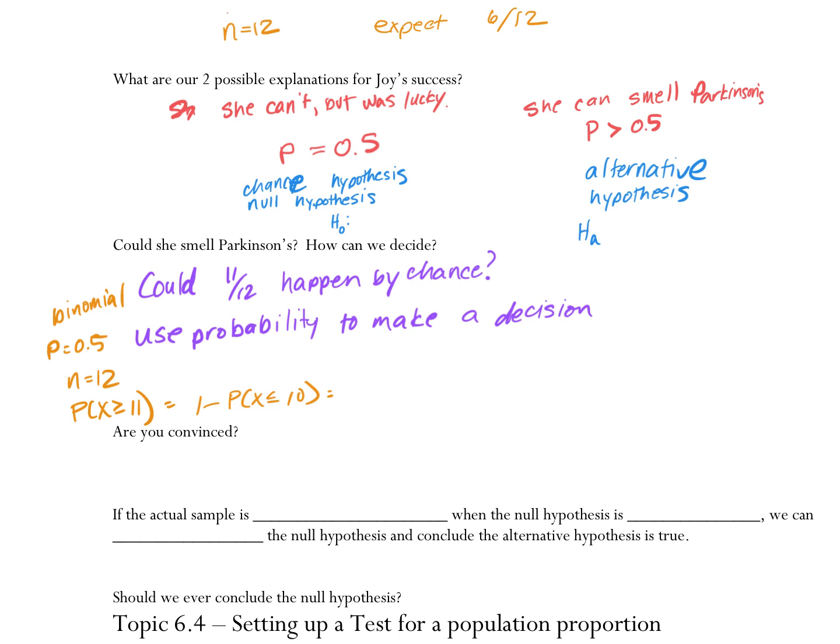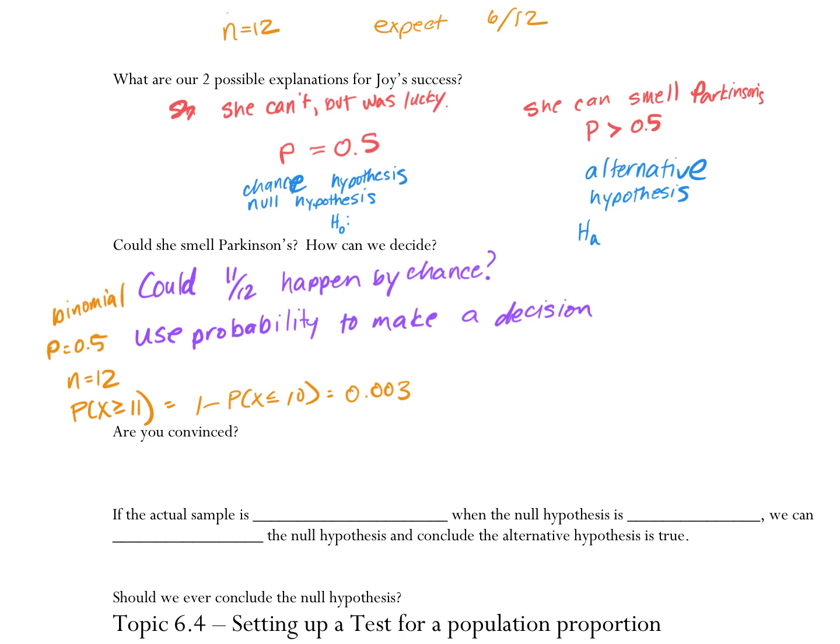What are we getting? 0.003. So you guys, if she's just guessing, the probability she gets 11 or more right is less than 1%. So could it happen that she gets 11 out of 12 right by chance?